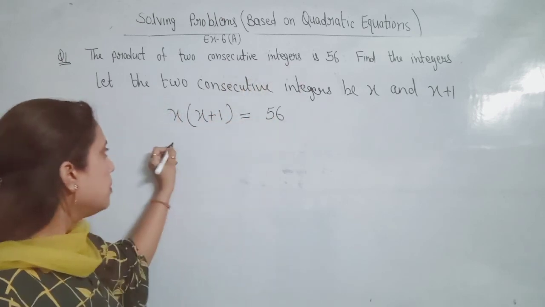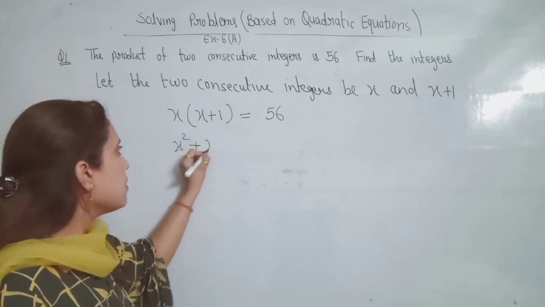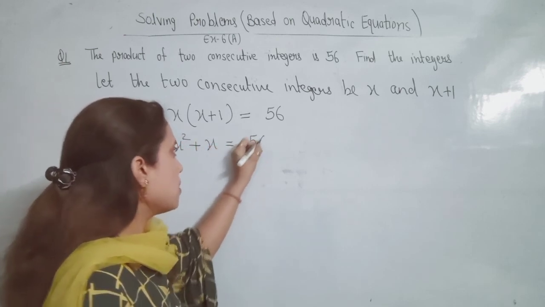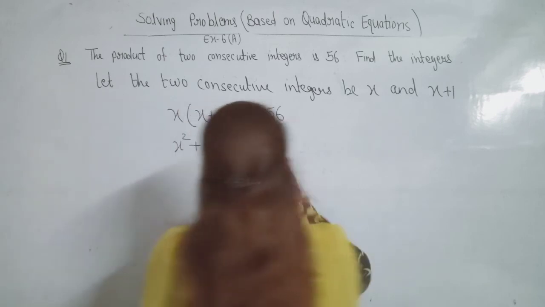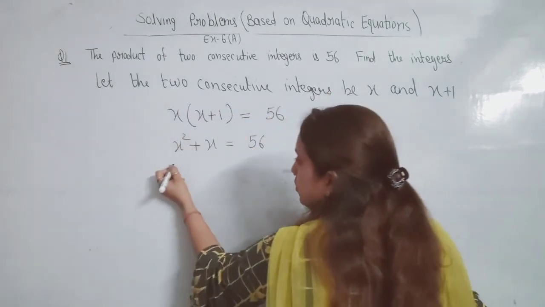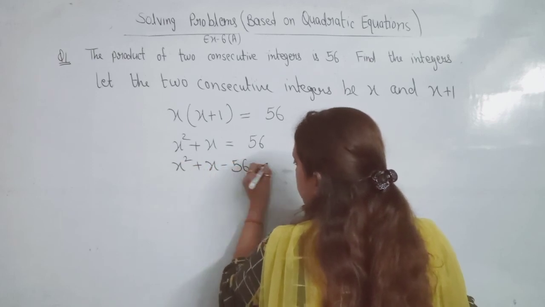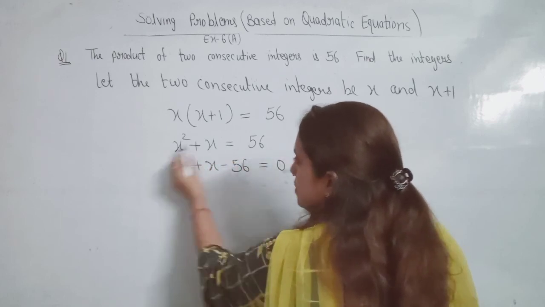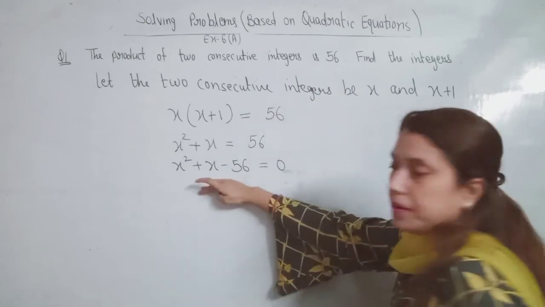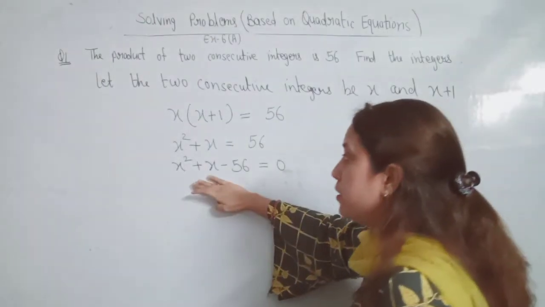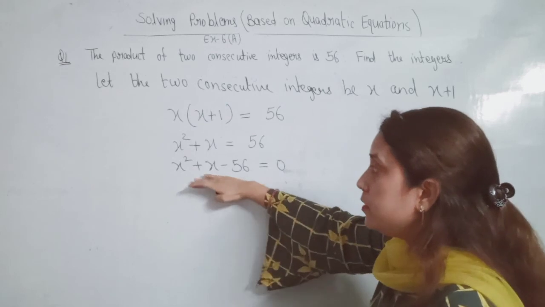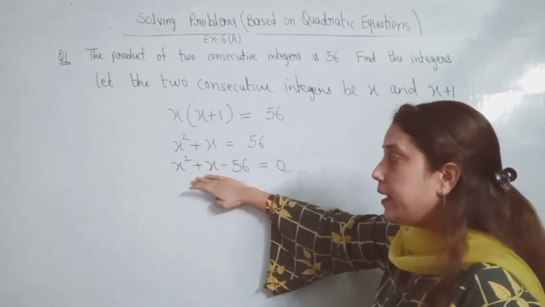Now solve it. Open the bracket: x square plus x is equal to 56. Send the constant to the left hand side, so it will be x square plus x minus 56 is equal to 0. So this is a quadratic equation. After that you can solve this equation by any method.